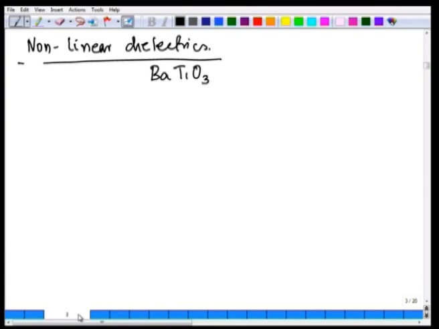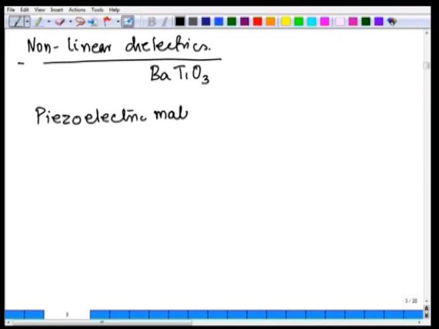But even before we start talking about non-linear dielectrics, let me give a quick rundown of certain facts which I am not going to prove, but which are just facts. Let us first start with what is a piezoelectric material. You may be wondering why I am talking about piezoelectric materials when I was talking about dielectric properties, but this will become apparent in a minute.